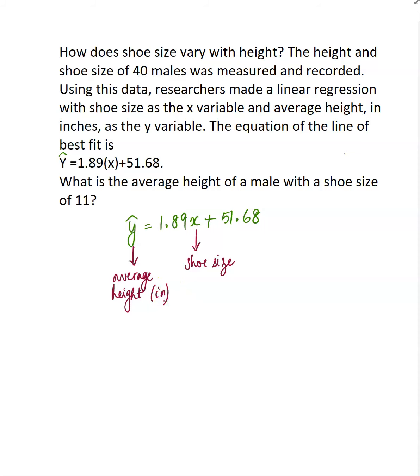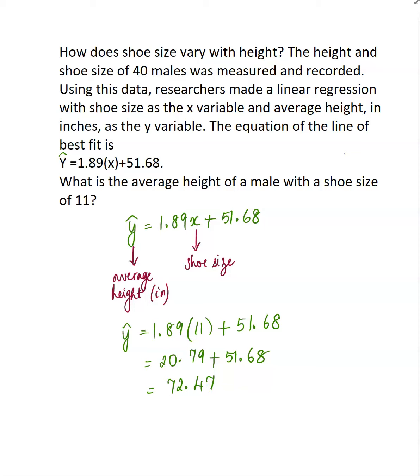Okay, that will do. Now, what's given to us is the shoe size of 11, and they want us to find the average height of a male. So you're predicting y by plugging in for the given shoe size, which is 11, for x. Again, see if this is reasonable.